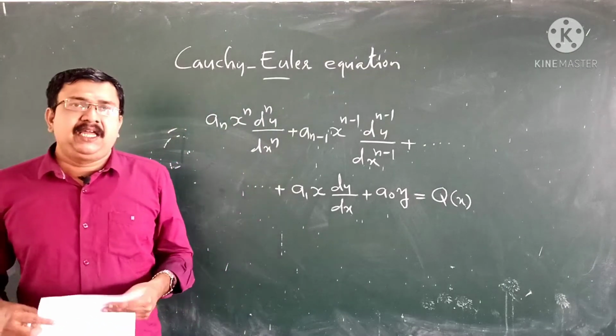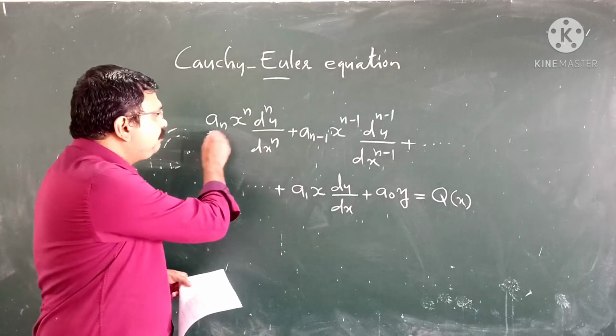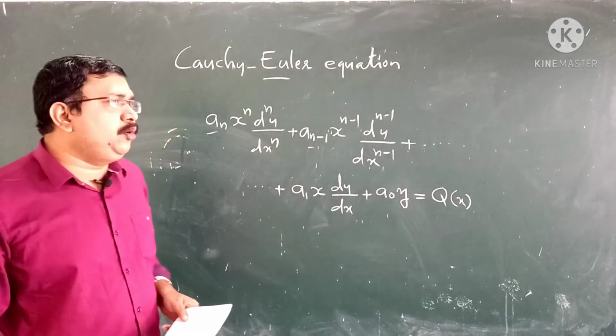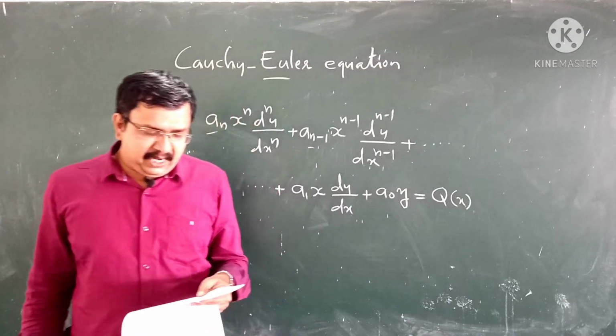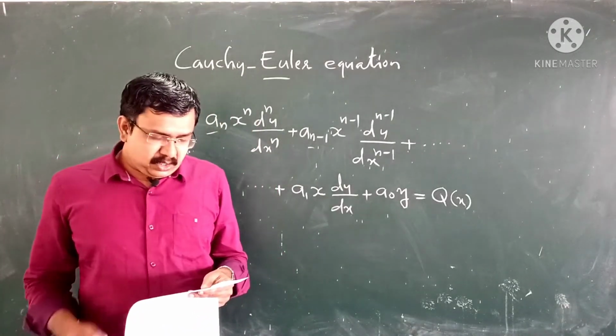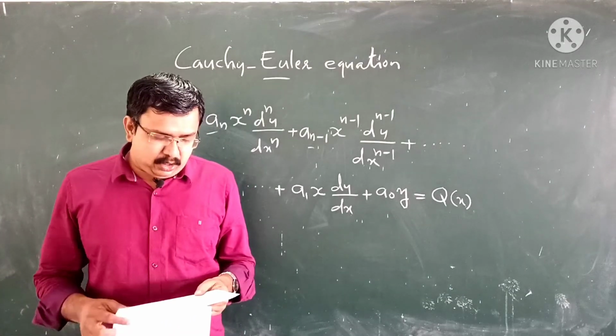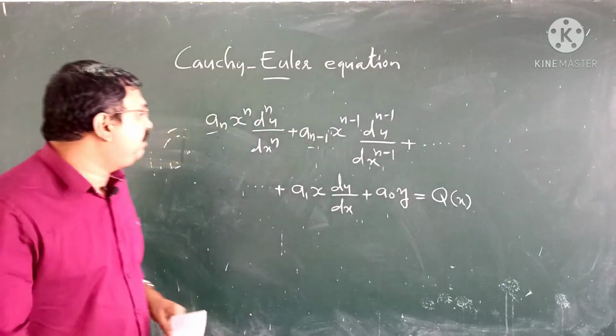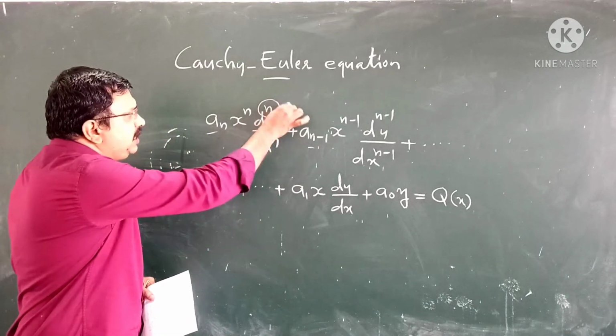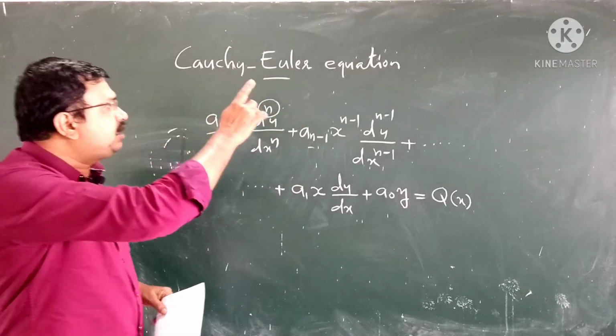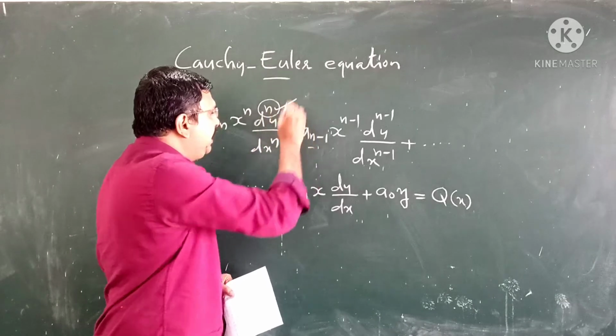Remember that here a_0, a_1, a_2, a_3, up to a_n are constants. Then this equation is called the Cauchy-Euler equation of order n. Very important: Cauchy-Euler equation of order n.